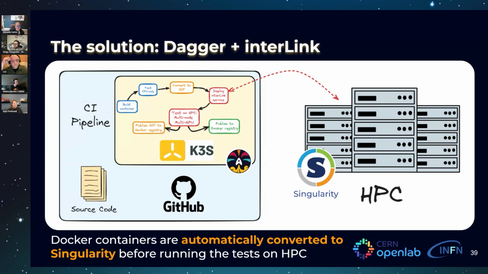Just to stress one thing, the other feature that is pretty cool is that to integrate K3s in this case, you had to do nothing at all, right? You had to import the module that already exists. You look at it in the Daggerverse and you import that, and that piece of the puzzle is already there for you. Same kind of with interLink.